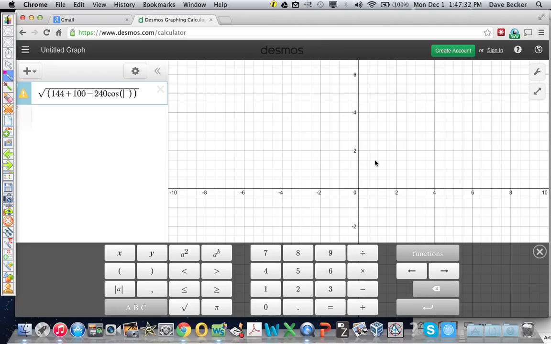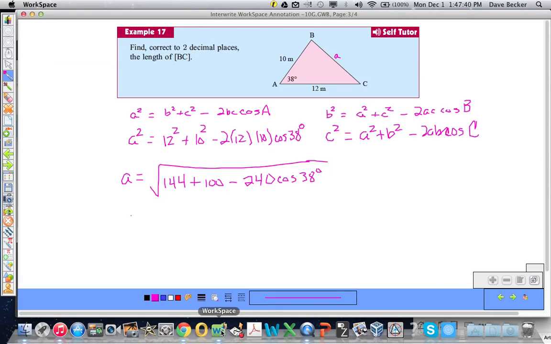Cosine of 38, I hit enter, and I get 7.4 rounded to the nearest tenth. So let's go back here, and A is equal to 7.4.